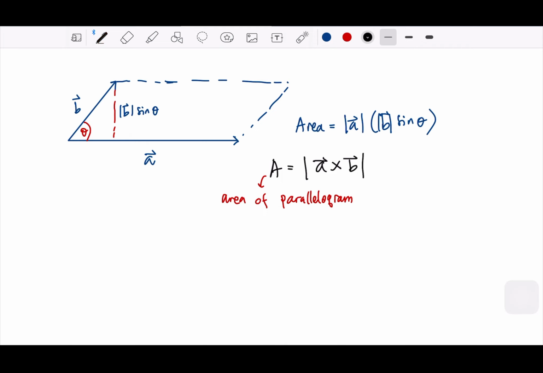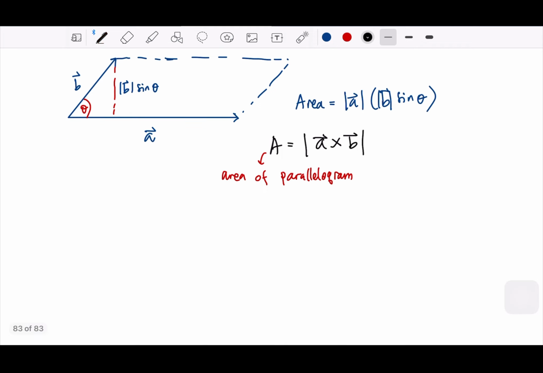Okay, one more thing before we end the class. If we cross the standard basis vectors, I cross J becomes K. Okay? So if we take some time to look at all the possibilities, and don't forget we have the negative direction as well.